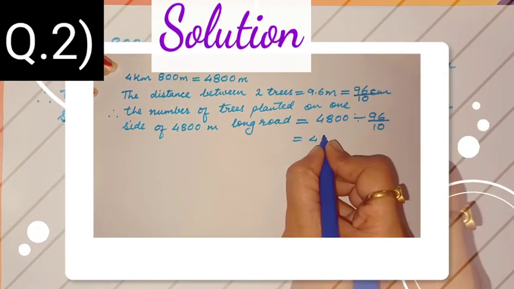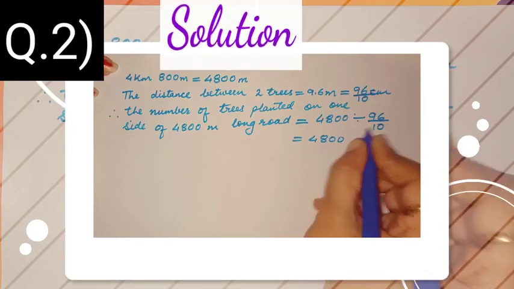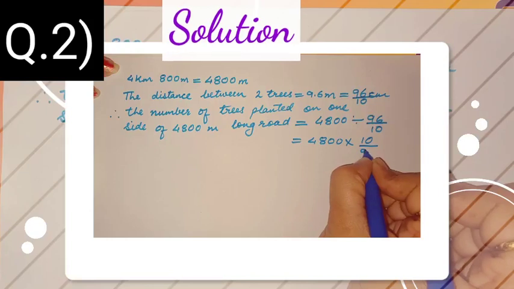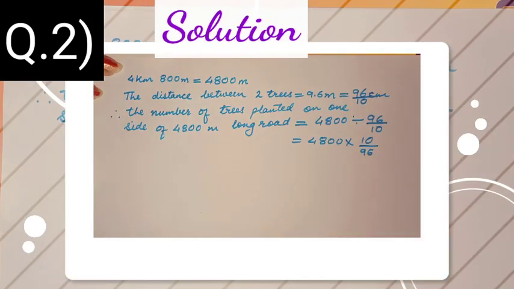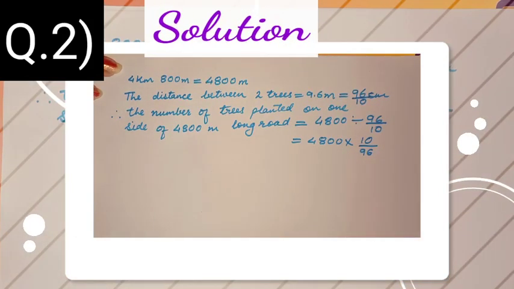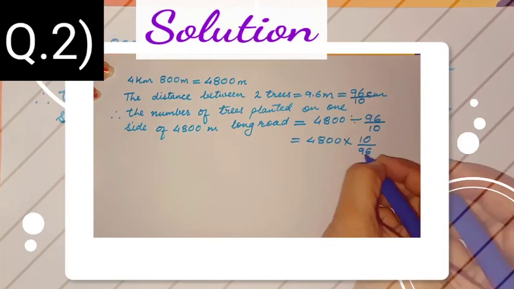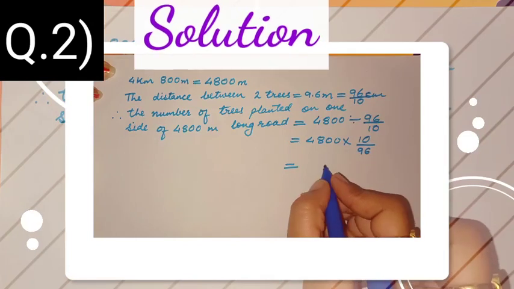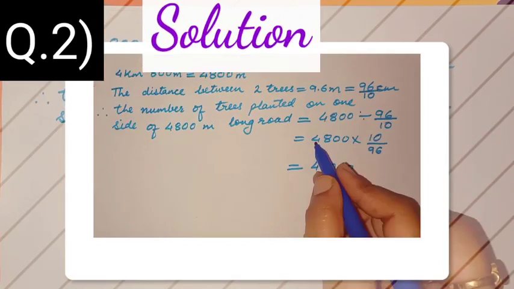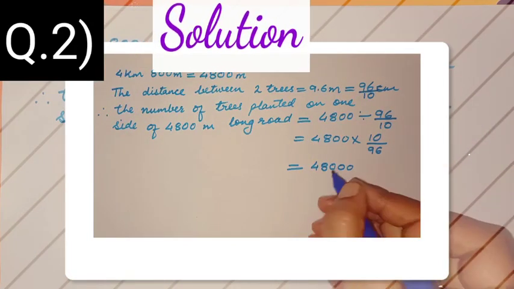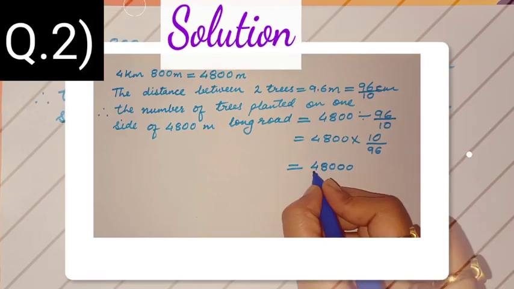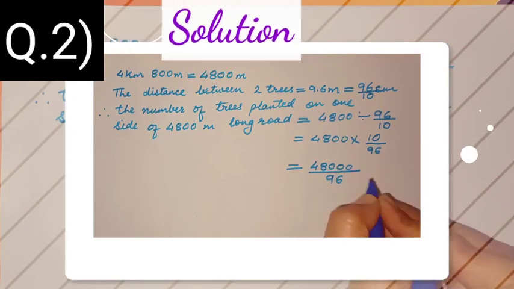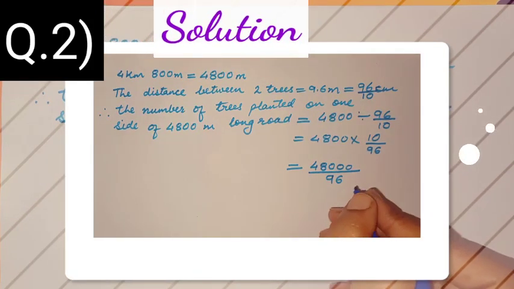What we'll do here? 4800 multiplied by the reciprocal, 10 upon 96. So let us divide it. The answer is 4800 multiplied by 10 is equal to 48,000, divided by 96.